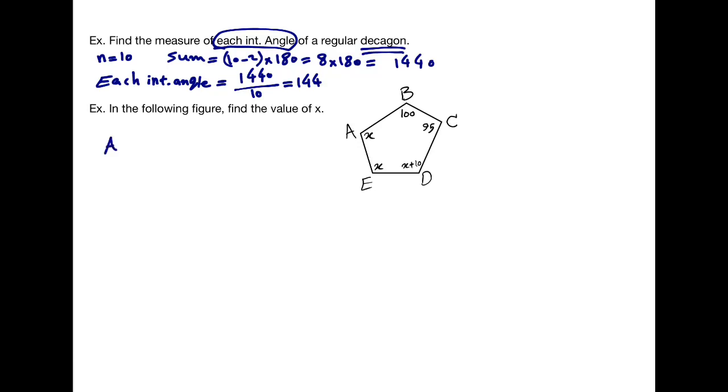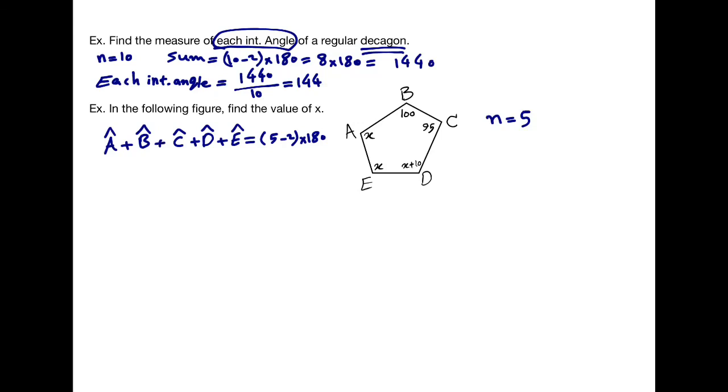So according to the interior angle sum, angle A plus angle B plus angle C plus angle D plus angle E equals n minus 2 times 180. In this case, how many sides do we have? 1, 2, 3, 4, 5. So n is 5. So 5 minus 2 times 180. Now let's replace the values for these angles.